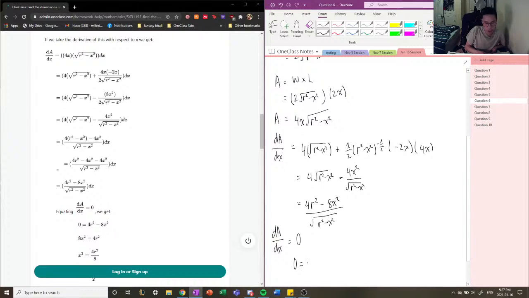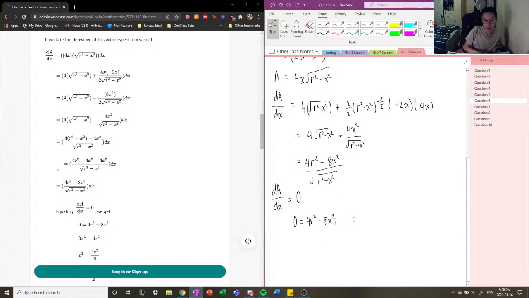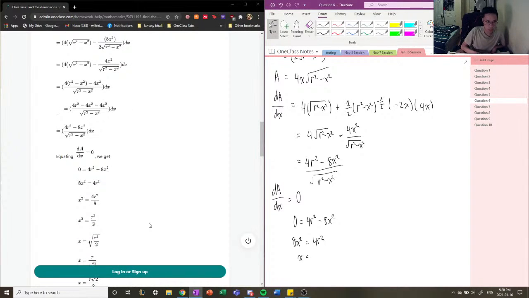So 0 equals 4r squared minus 8x squared. And if we isolate for x, we get 8x squared equals 4r squared. We have x equals the square root of r squared divided by 2. Okay, maybe I should explain this further.